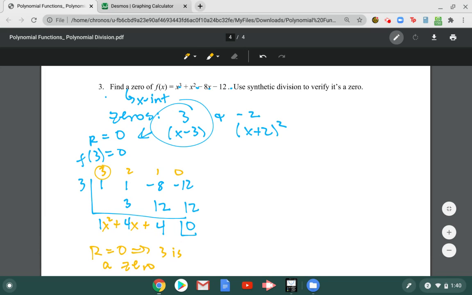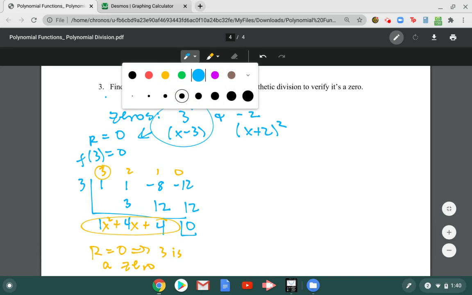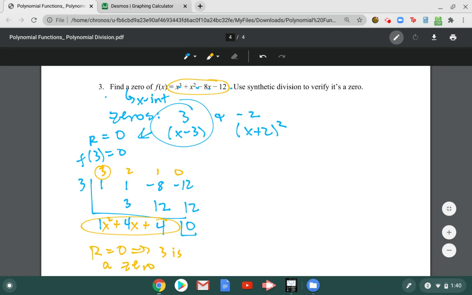Well, we also saw that -2 is a 0. So I can divide -2 in as well. And I could divide -2 in either into my original function, or I can divide it further into the quotient. So I want you to take a look at what we're really doing here. We're starting to divide off things.